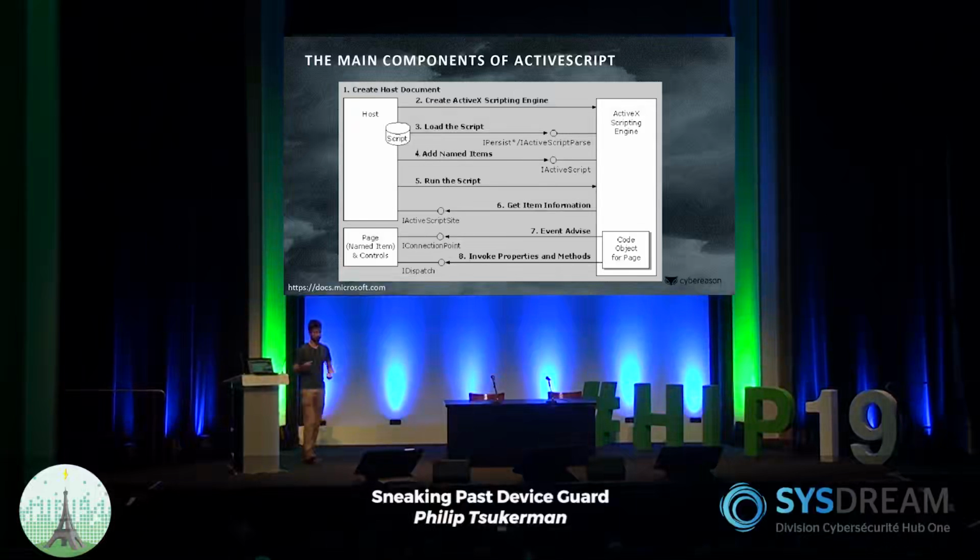So there are two main components for ActiveScript. The first is the scripting host, which is an application that knows how to use various scripting engines implemented with ActiveScript to do a bunch of tasks. The other part is the actual scripting engine. And these ActiveScript interfaces are actually COM interfaces. So the moment you define and implement those interfaces, you're basically an active scripting engine and host.